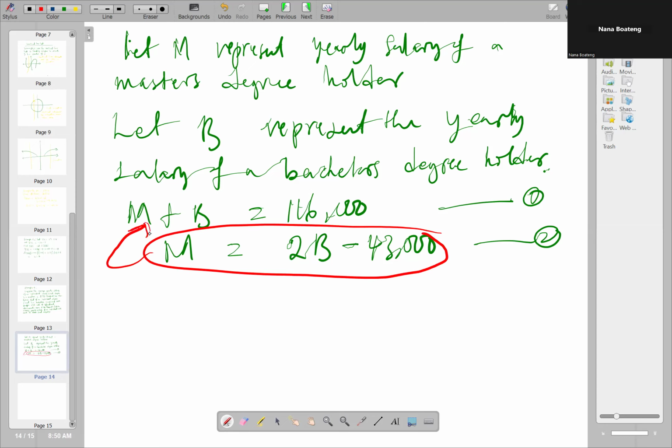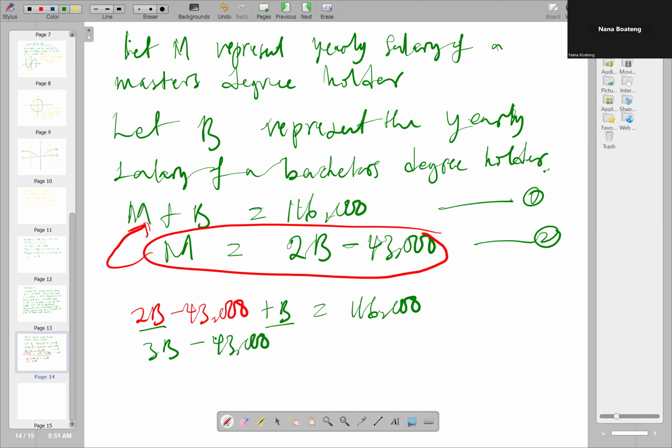Equation 1 now becomes 2B minus 43,000, plus B, is equal to 116,000. So 2B plus B is 3B, so 3B minus 43,000 is equal to 116,000.